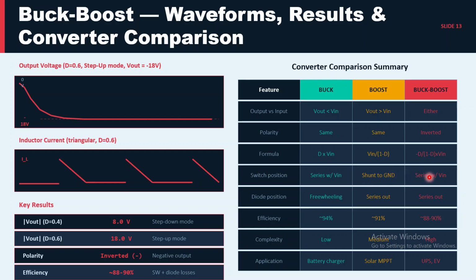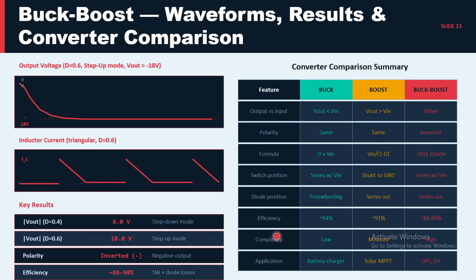In the buck boost, it is in series with respect to the input voltage. For the diode position, in the buck the diode is freewheeling, in the boost it is in series, and in the buck boost it is in series. Efficiency you can see here: 94, 91 and 88 percent.